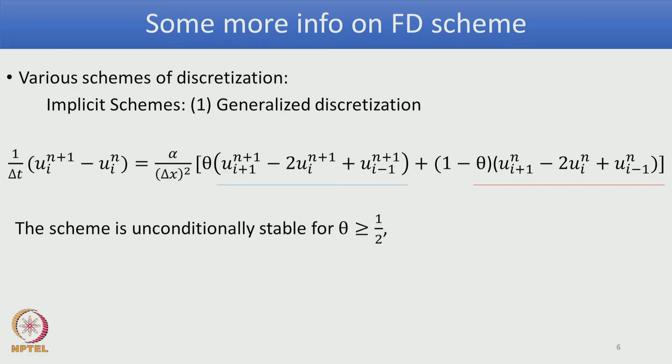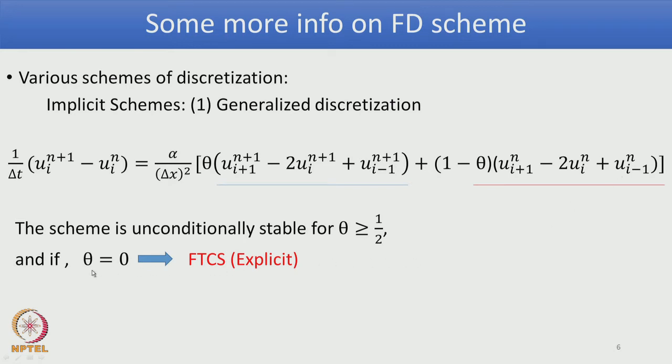Now, there are multiple variations for different values of theta. If theta is equal to 0, so that is, if you look at the first term, implicit in time is not there, and you get 1 multiplying the second part of the equation. The second part of the equation happens to be fully explicit.